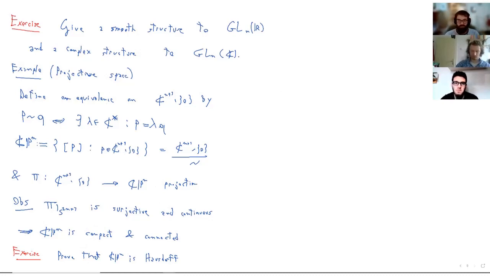And now what we want to do is define charts, because this is what gives us the manifold structure. Did you ever see the projective space as a manifold? Do you know the standard charts here? No? Okay, perfect.